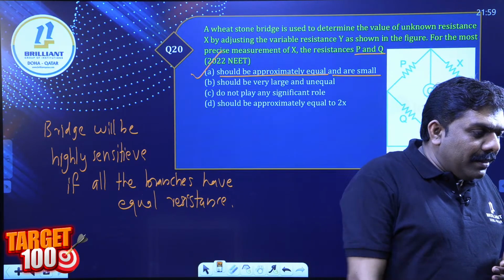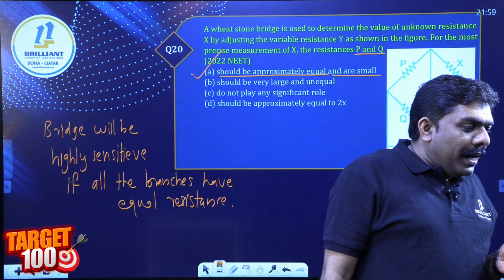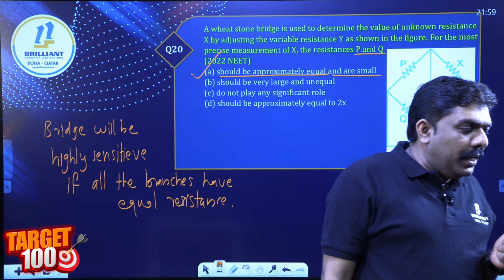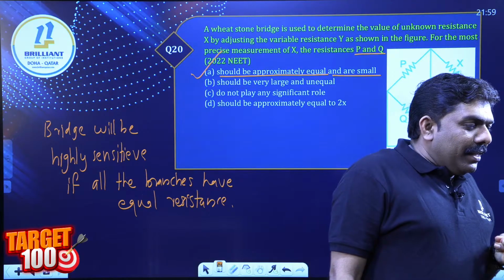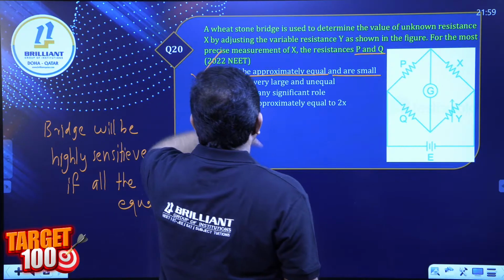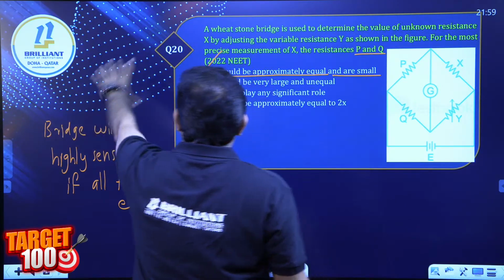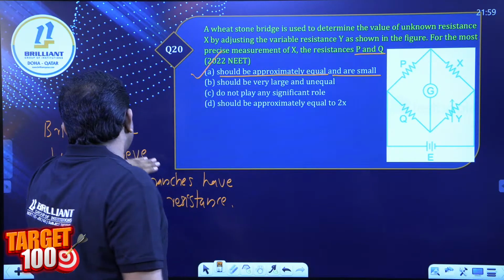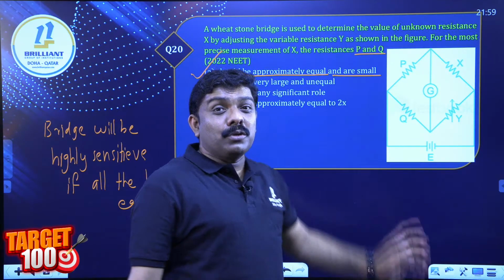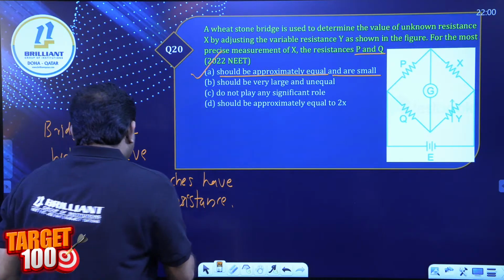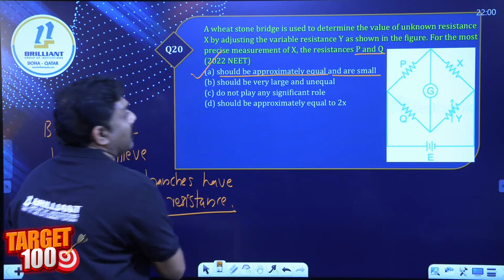Could you explain this question once again? I will explain. I didn't understand what option D means. Now look, in the case of a Wheatstone bridge, to have high sensitivity, all the branches should have equal resistance.